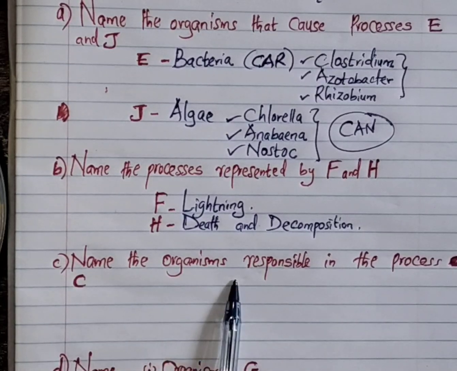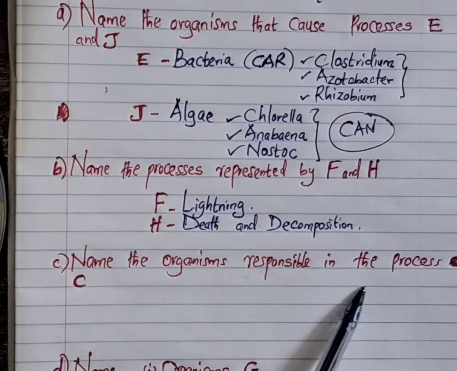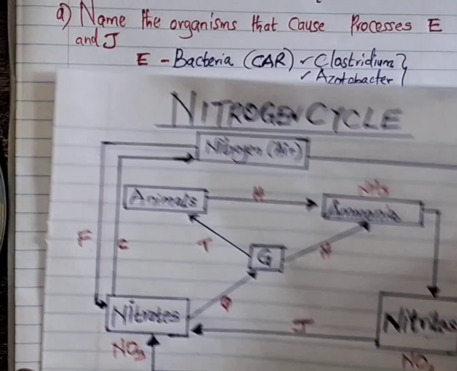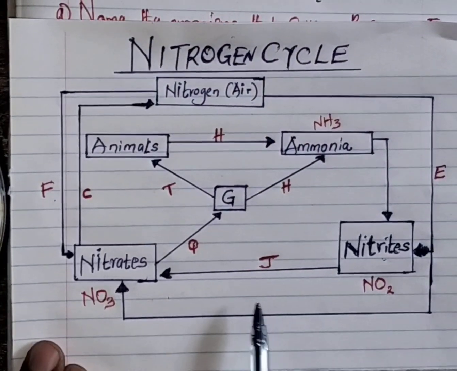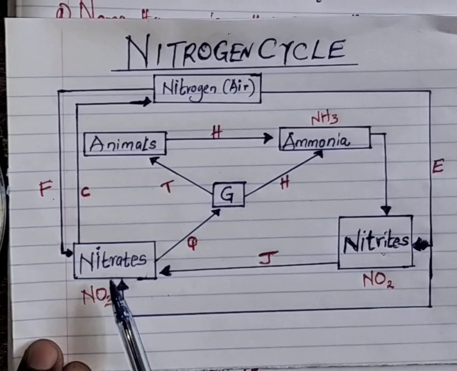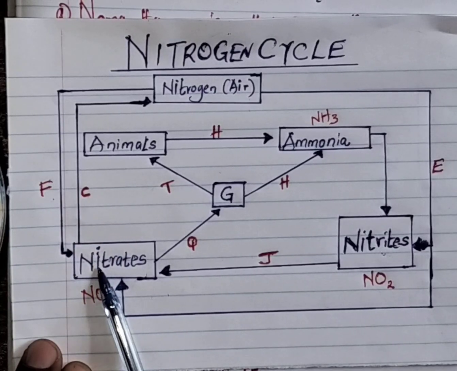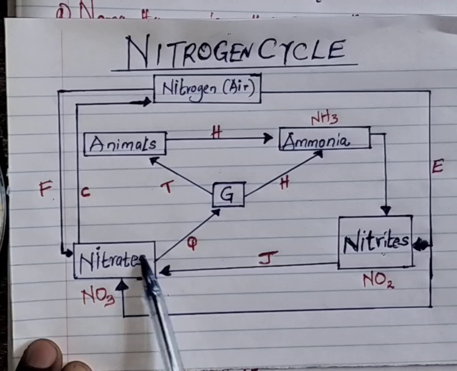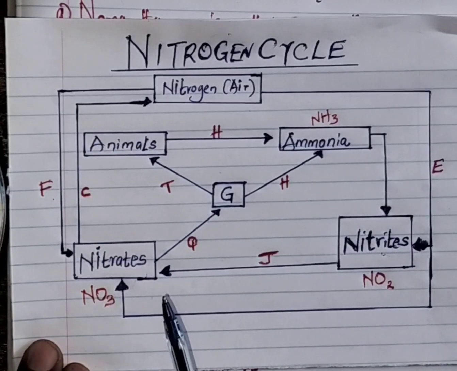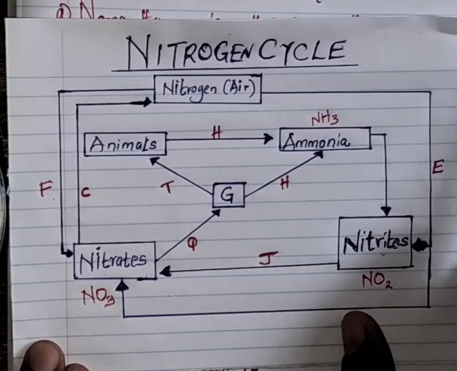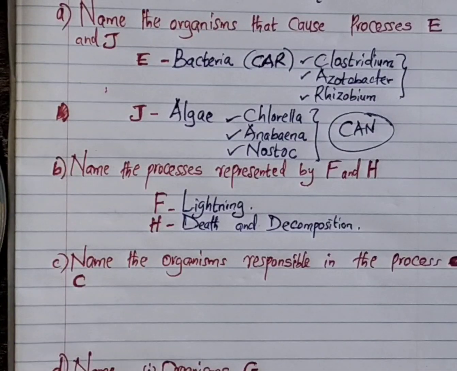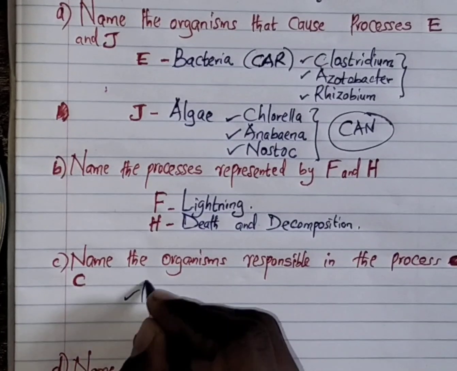Name the organisms responsible in the process C. This is now denitrification. Conversion of nitrates to nitrogen in the atmosphere. In that case, we shall have bacteria and fungi. Then we shall give examples of bacteria.